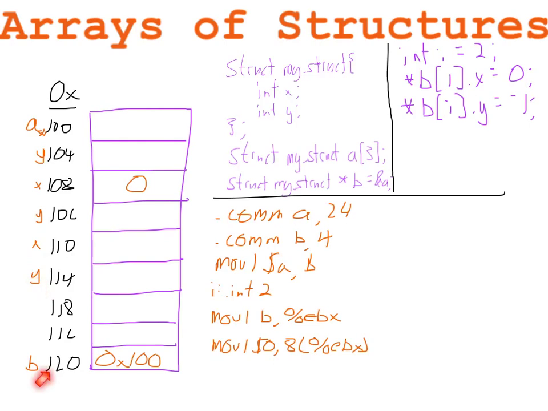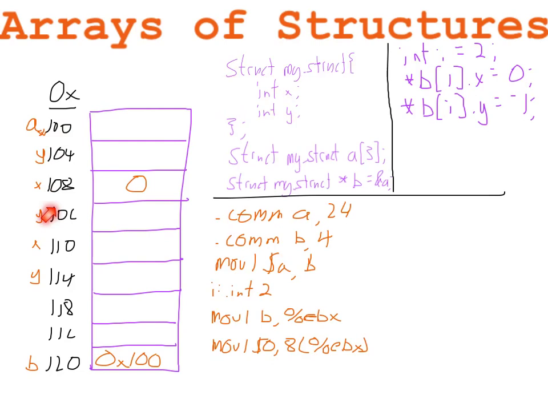So, just to recap, we have our structure array A, indicated by the start of our array at 100. This is an array of structures, not an array of integers. So each element is the size of the structure, and each structure contains an integer x and an integer y. For the 0th structure in our array, it has x and y, each of which are 4 bytes. For the first element of our structure array, x and y again, each 4 bytes.